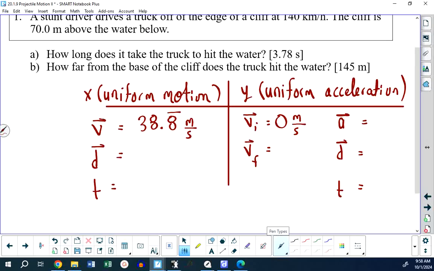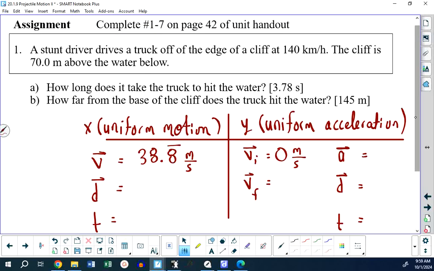I don't know whether it's east or west, it doesn't matter, or north or south. If it's at an angle of 0 degrees, then this is a component of the initial velocity. The component that's vertical would be 0.